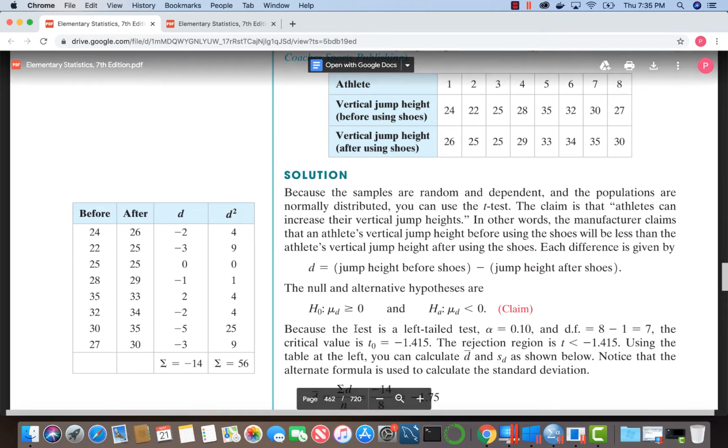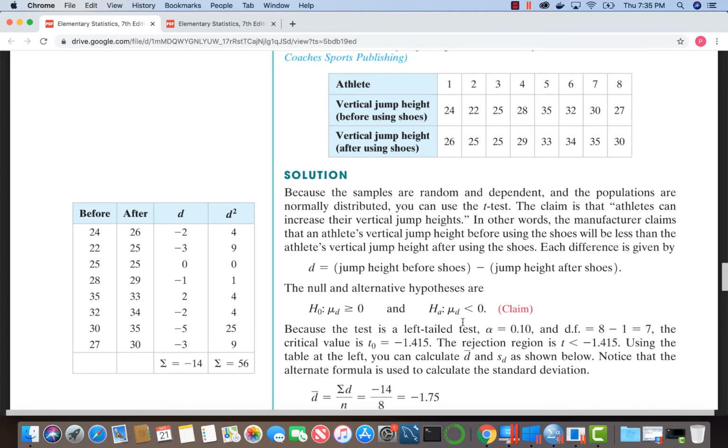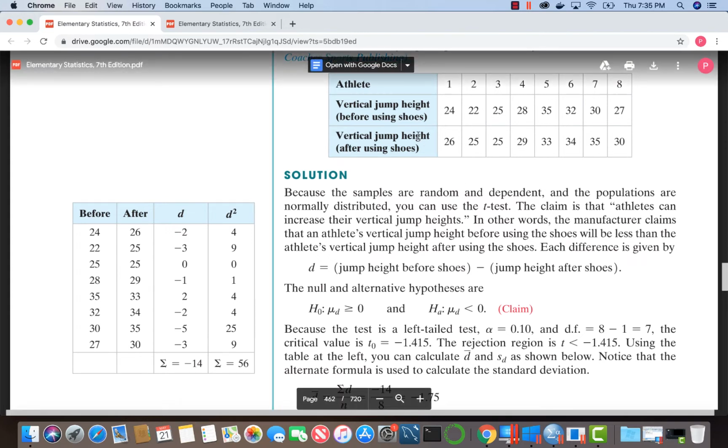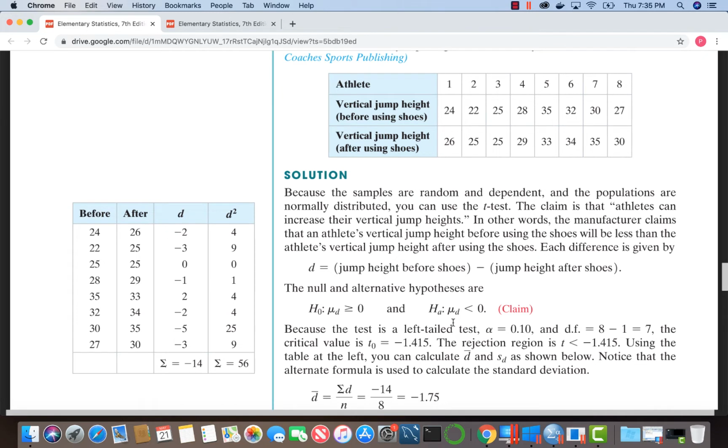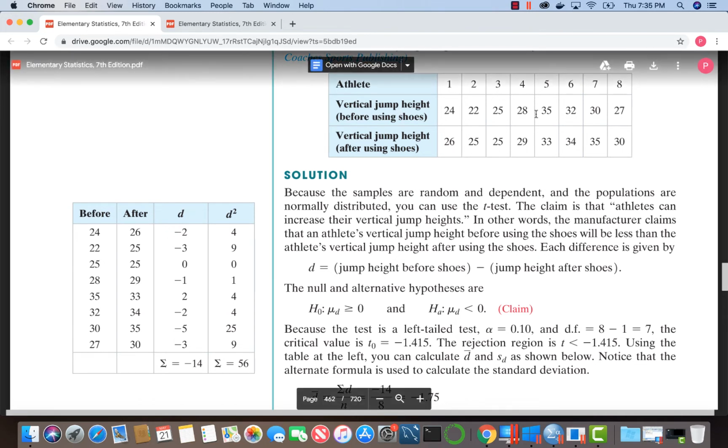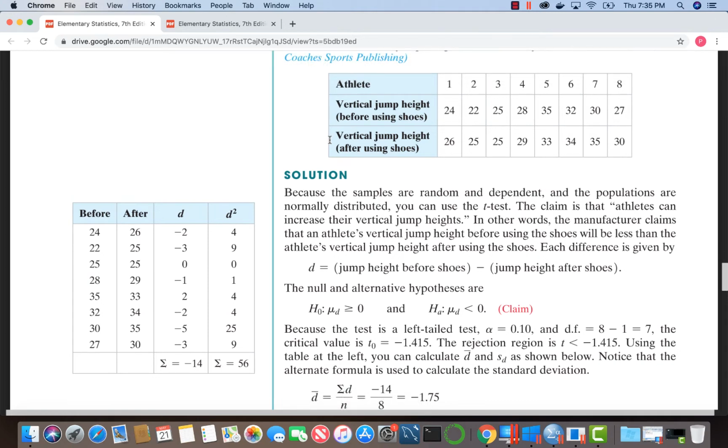Now, this mu sub d that they use in the null and alternative is really the difference between the two mu's of these two groups. So the convention this book uses is the difference between the mu's, mu1 minus mu2. Mu1 is the vertical height before using the shoes. Mu2 is the vertical height after using the shoes.